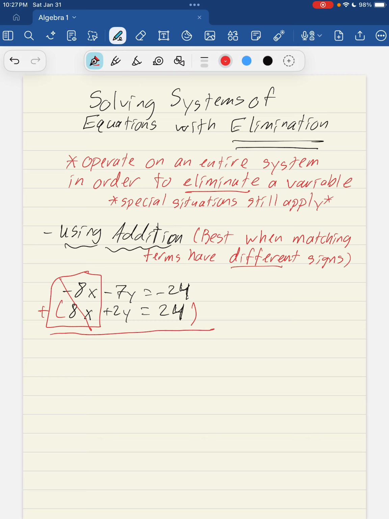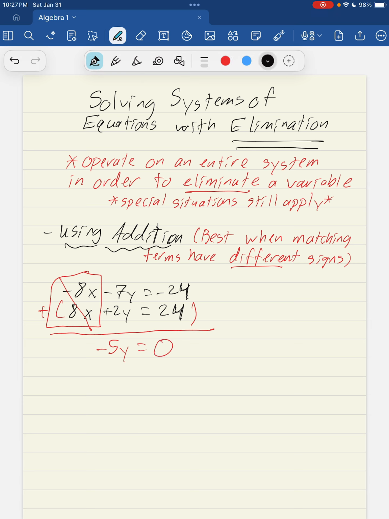So that's eliminated. Now we do the same thing here. Negative 7, we have to keep the sign with the number. Negative 7 plus 2. That's a negative 5y. And then we've got negative 24 plus 24. Well, that's a 0. We're going to put 0 there.